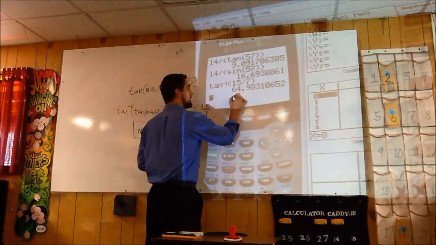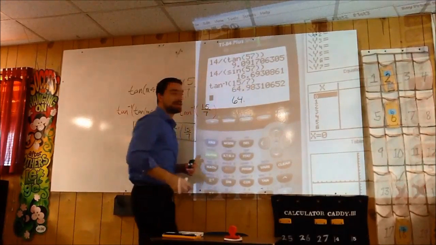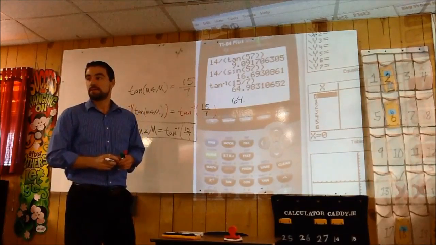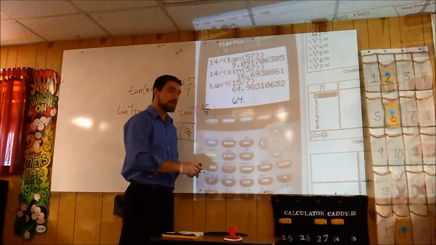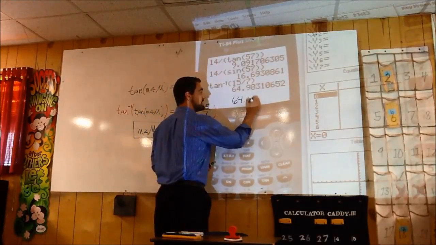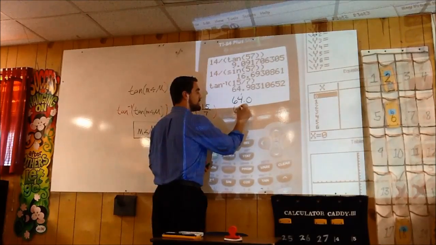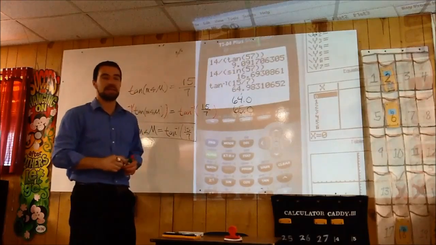So, I currently have 64.98. What happens to the 9? It takes the other 6, and it goes to the next value, which is 10. So that's why this is a 0, and then it adds a 1 there. So this is truly 65 when you round to the nearest tenth.